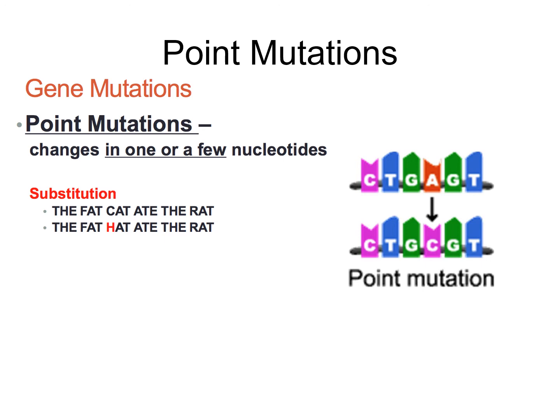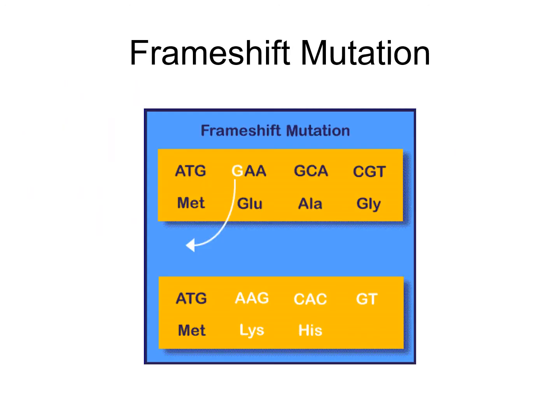Now, another type of mutation is called a frameshift mutation. With a frameshift mutation, this is often called an addition or a deletion. What happens is a nitrogen base gets removed or added. So in this picture, this is an example of what's called a deletion. Notice what the gene is supposed to be. ATG, GAA, GCA, CGT.